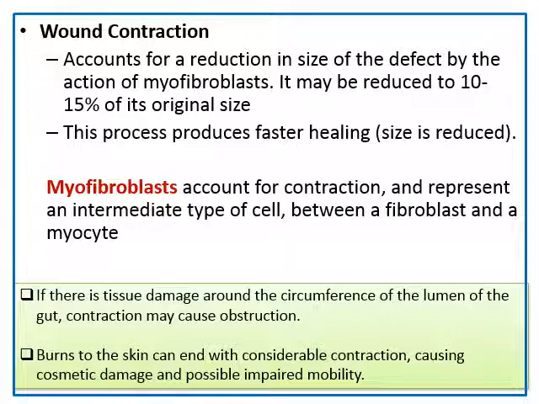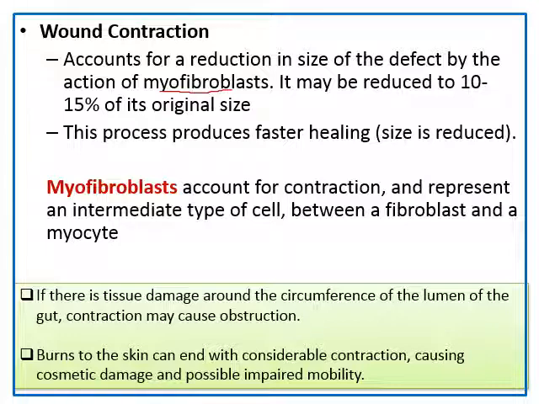Well, let's talk about wound contraction. Wound contraction accounts for a reduction in size of the defect by the action of myofibroblasts. Yes, the fibroblasts present in the granulation tissue, under certain circumstances and certain cytokine release, are transformed into myofibroblasts. And the myofibroblast has the ability to contract.